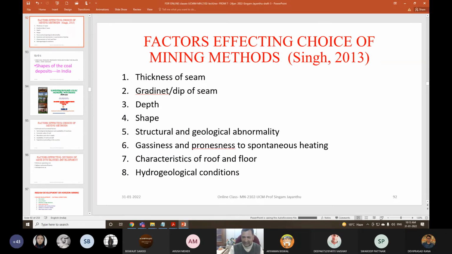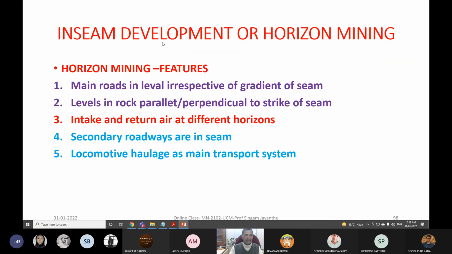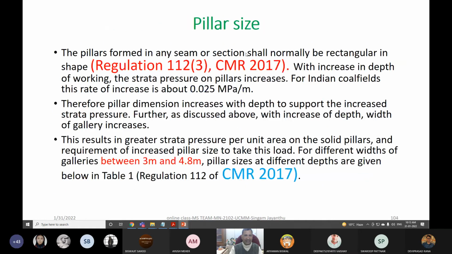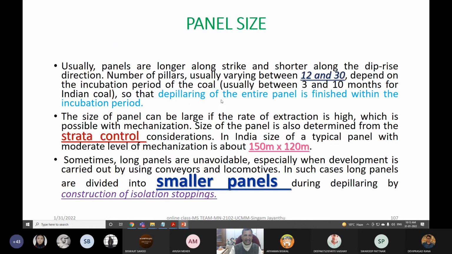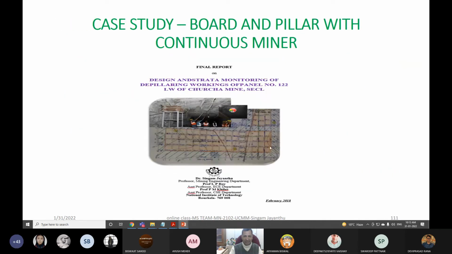Otherwise, in the next class, as I told you, that is the reason why I used to show you what we will be discussing later: seam development, horizon mining, board and pillar, gallery dimensions, pillar size, width, panel, how much it should be, extraction, in the latest projects where we designed, along with our Professor L.P. Rai, Kilar from Computer Science and Electronics Department, their professors and team.